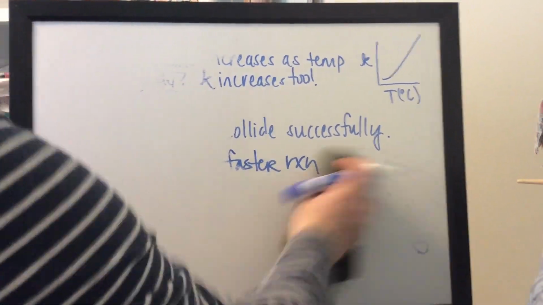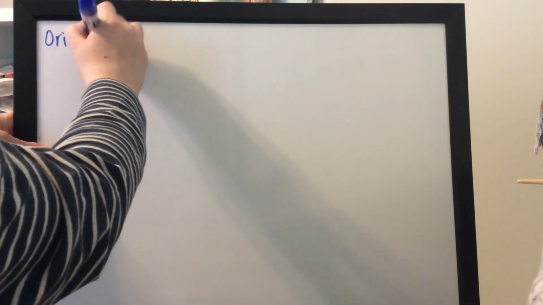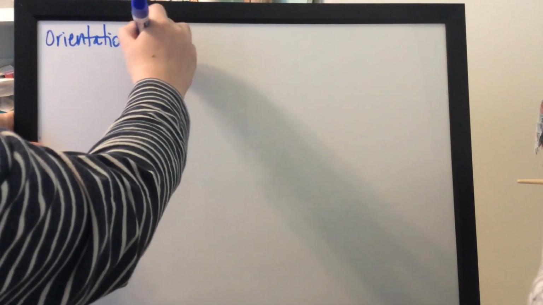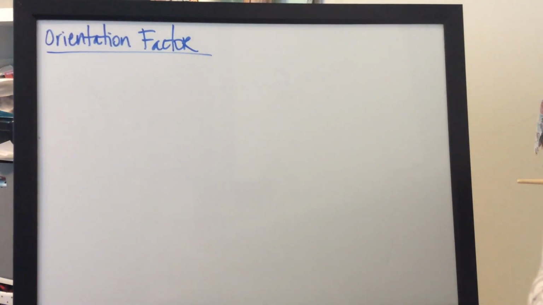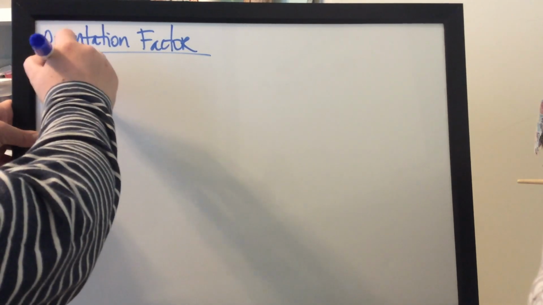And so this is kind of a hard thing to talk about on a video, but I will do my best. Okay, so in addition to colliding, the molecules have to have a correct orientation.